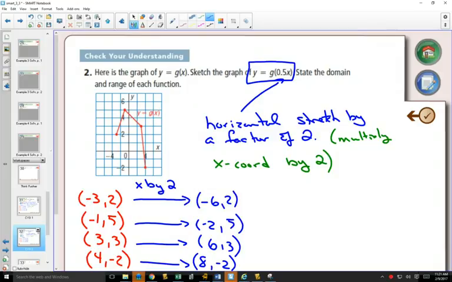Yes? Why is it by 2? Because the 0.5 that's out in front here is the same as 1/2. And whatever number is inside the function, we have to do the reciprocal. If it's a fraction, you can flip it, just 2 over 1. If you don't know how to change something to a fraction, maybe it's 0.4 and you can't think of how to change that to a fraction, then you can take this number and say, what is 1 divided by 0.5?